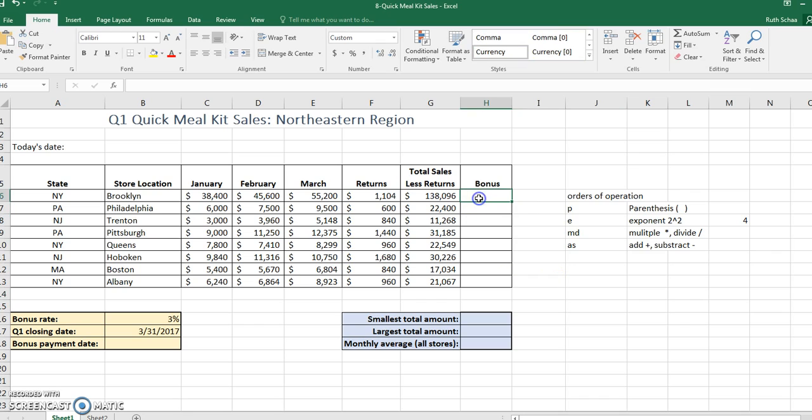Next, for your bonus, this is where you will use what is called absolute cell reference. And with an absolute cell reference, you are locking your cell reference into place. With cell references, you have 3 types.